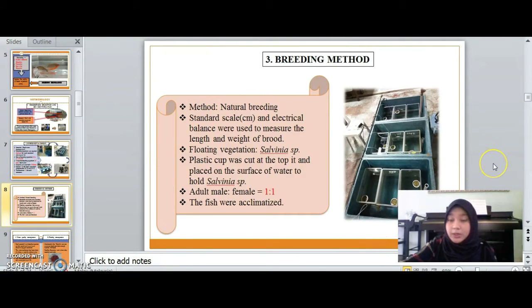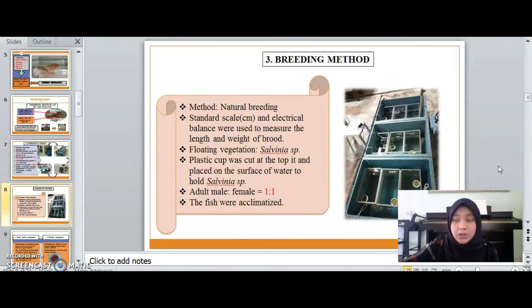Here is the breeding method. In this experiment, I used the natural breeding method, and the length and weight of the fish were measured at the initial experiment. I used Salvinia species as floating vegetation, and a cup was cut in half and placed at the surface of the water to hold the vegetation plant.